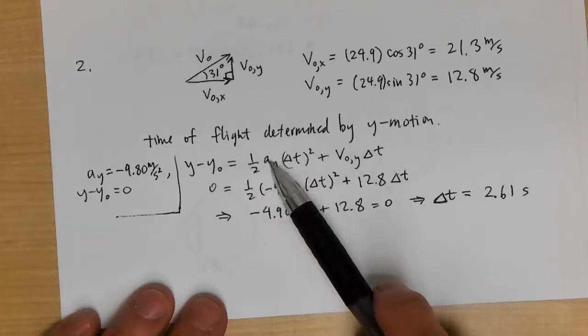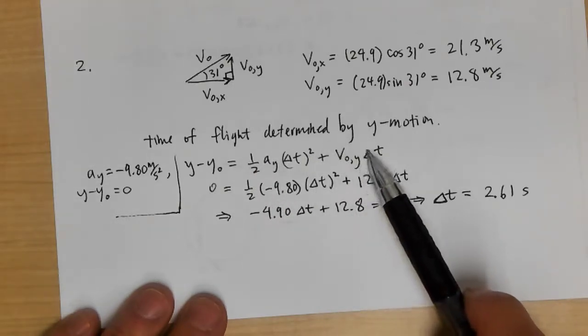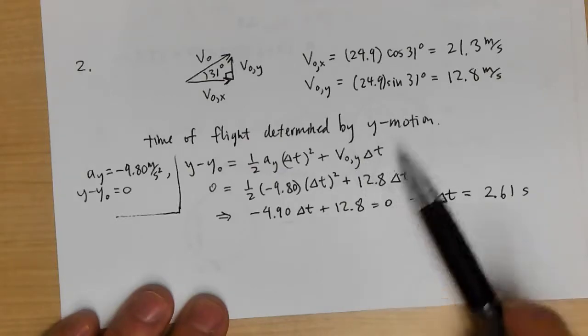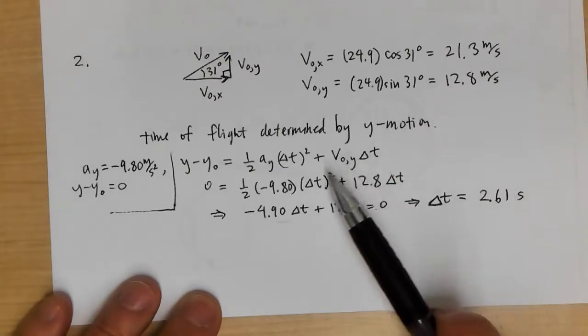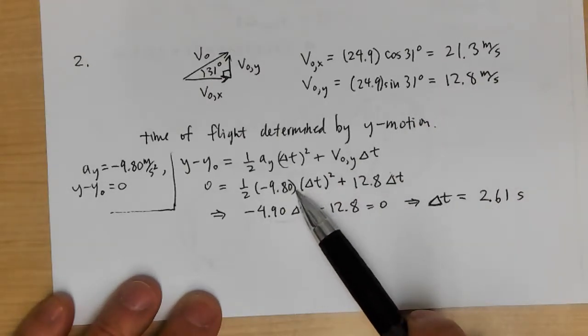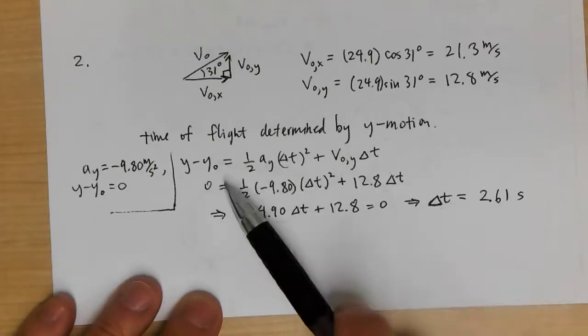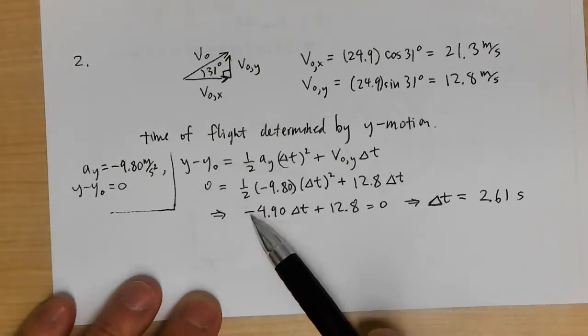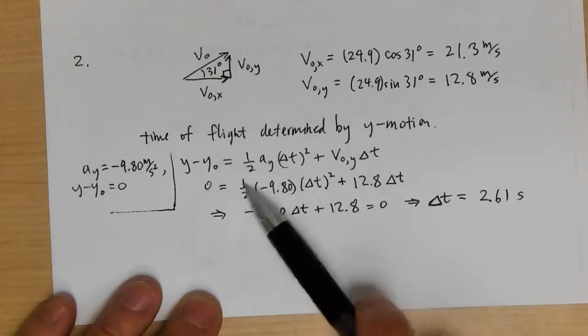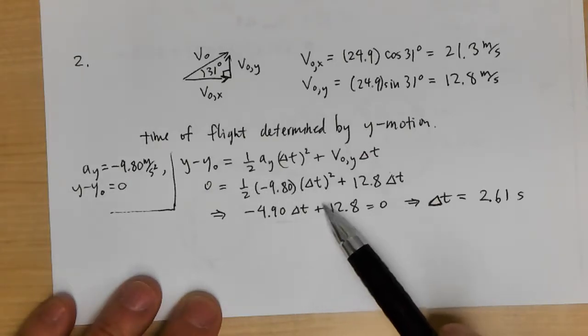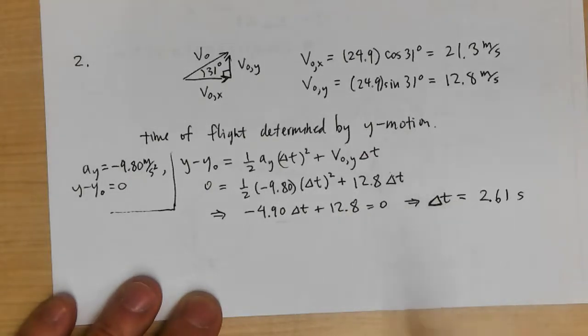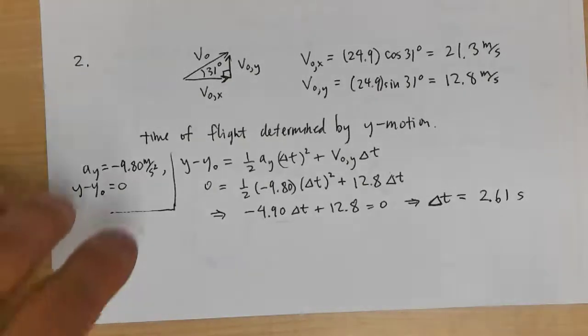So we have 1/2 ay delta t squared plus v0y delta t. v0y is 12.8, calculated here. ay is negative 9.8. I can divide by delta t because I have a 0 on this side. I get negative 4.9, multiplying these together, times delta t, plus 12.8, and solving for delta t, t gets 2.61 seconds.